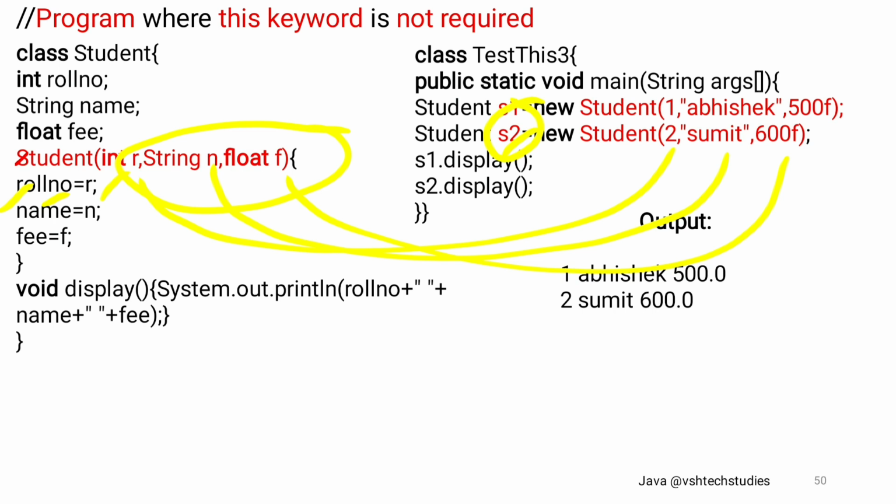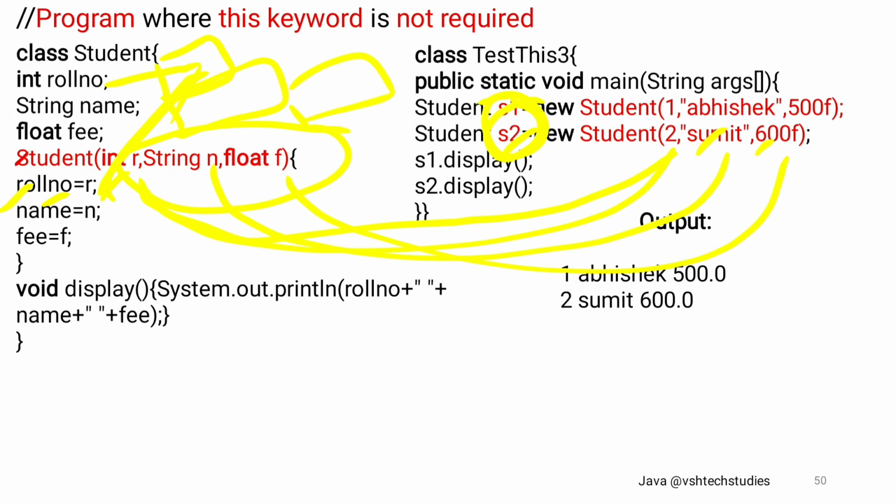So there is no naming conflict. Then in the S2 object, in the memory space allocated, for the roll number field, R is assigned. What is R? 2 came in here and that is assigned to the roll number field. Similarly, name will be Sumit and fee will be 600.